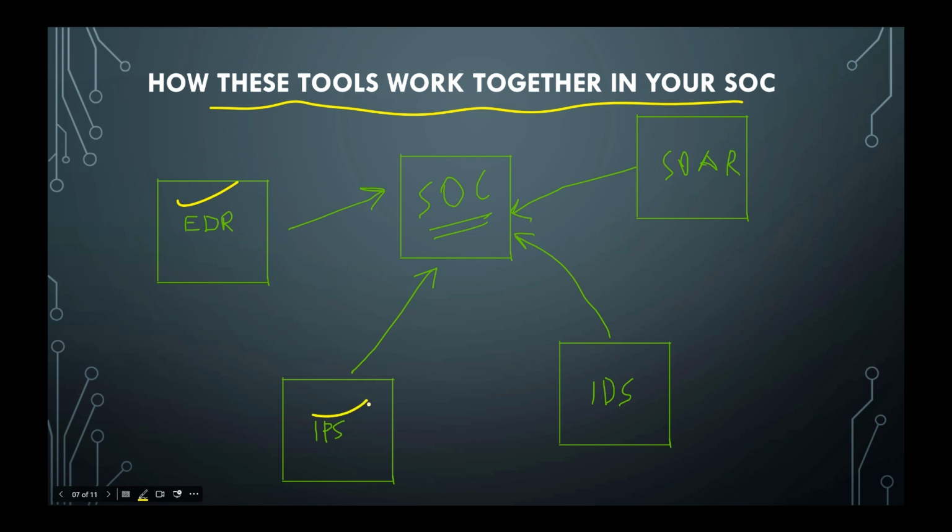IDS and IPS are your network guardians. IDS raises the alarm, IPS blocks threats before they do damage. Together they keep your network traffic clean. And SOAR ties everything together, automating playbooks, reducing response time, and saving analysts from drowning in alerts.